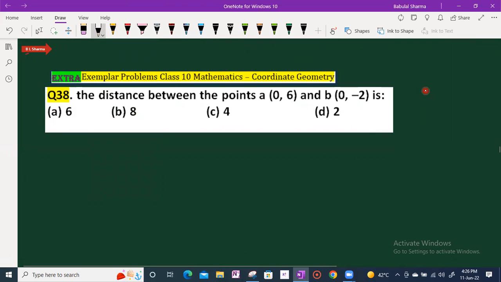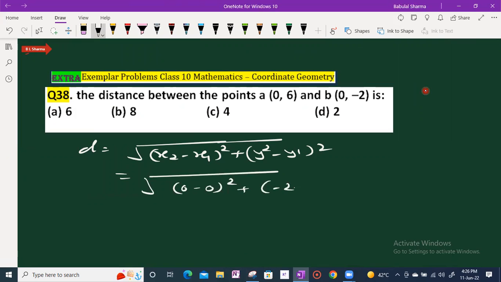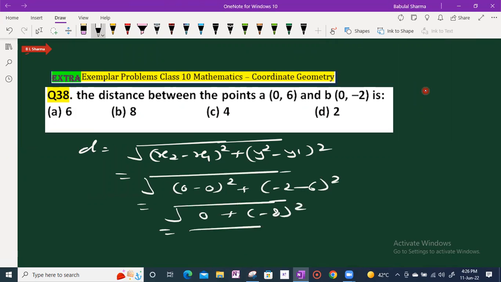The distance between the points, using the distance formula, that is x2 minus x1 whole square plus y2 minus y1 whole square, 0 minus 0 whole square plus minus 2 minus 6 whole square, 0 minus 0 is 0, or that is minus 8 whole square, that is minus 8 square is 64, 8's square root is 8, but distance is always taken positive, so that is plus 8 answer.